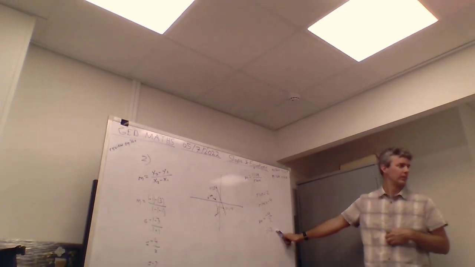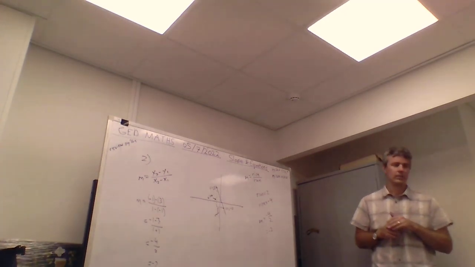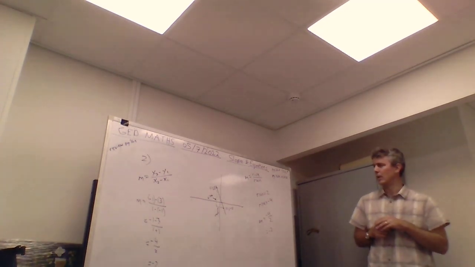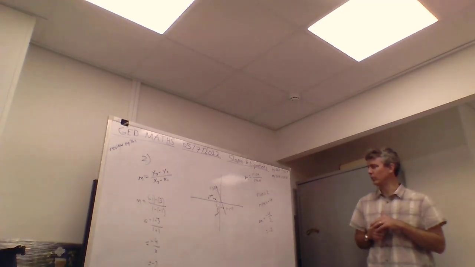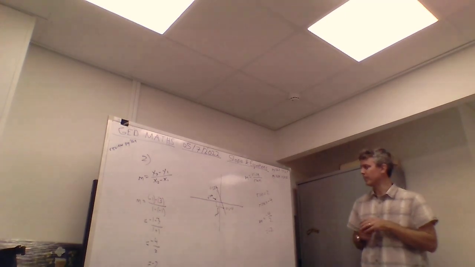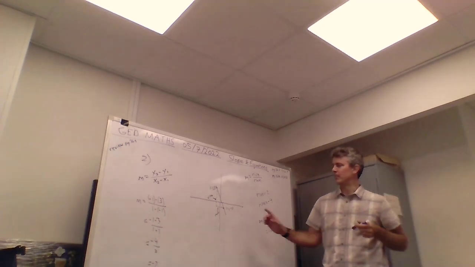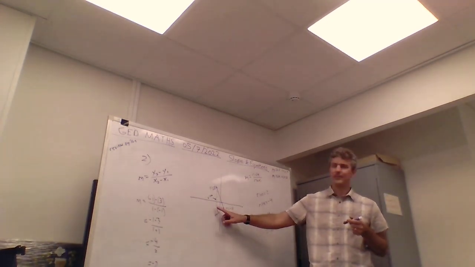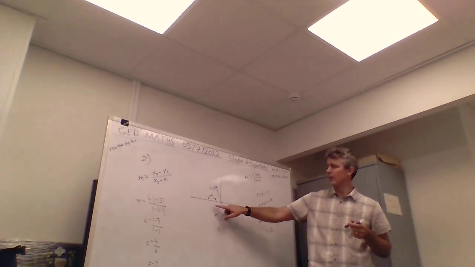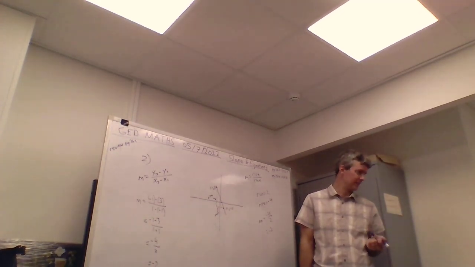When we count from rise to run, right? If we go from minus 2 and then up 4, it can be 4 over minus 2, and it's still minus 2.